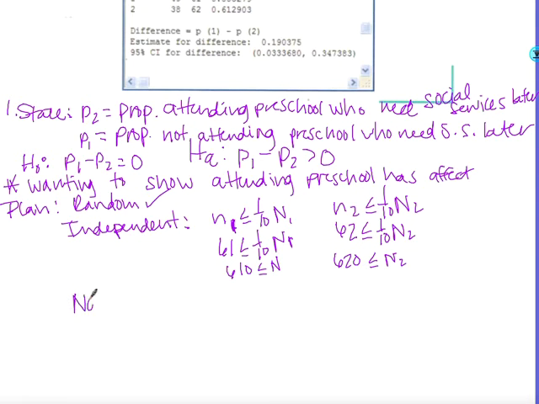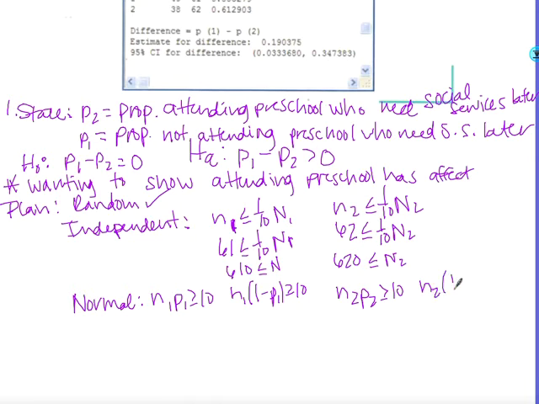So next I need to check normal. So that's a 4-step process. N1 times P1 greater than or equal to 10. N1 times 1 minus P1 greater than or equal to 10. N2 times P2 greater than or equal to 10. And N2 times 1 minus P2 greater than or equal to 10.